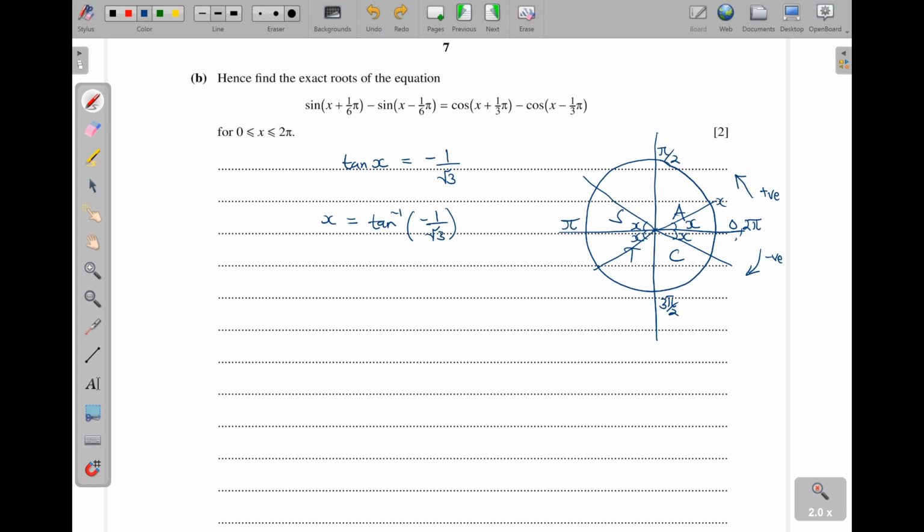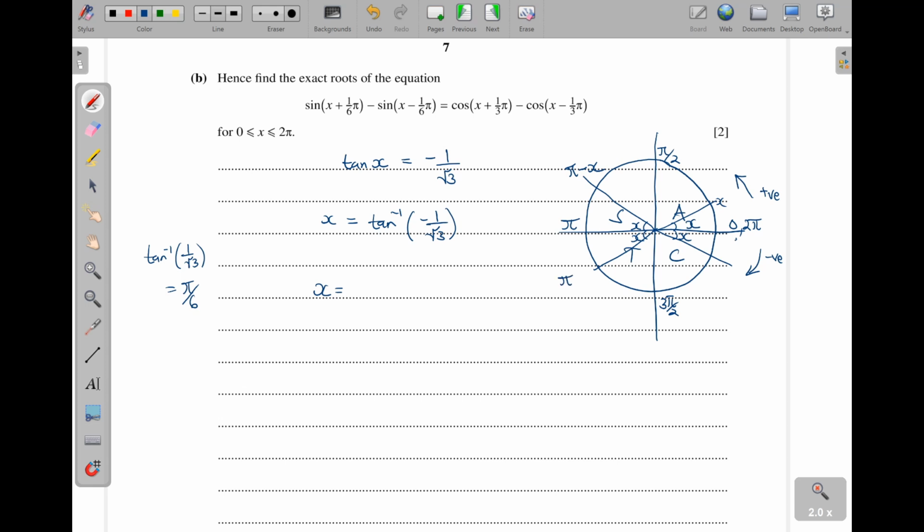So what I always say is that ignore the negative, and then you first get the arctan of 1 over root 3, which gives you pi over 6. Now, when you are writing here, you just say, from here up to here, get the whole thing, which is pi, then minus this one here. So to get an angle in the second quadrant, we write pi minus that acute angle.